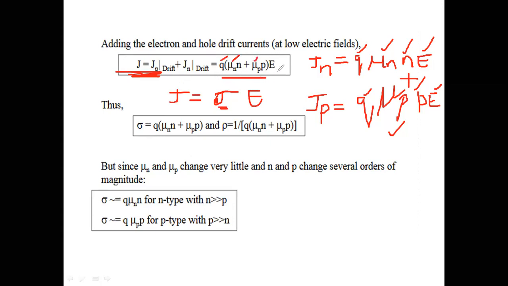So this is called sigma, the conductivity. The inverse of conductivity gives me the resistivity rho. Resistivity rho equals 1 by sigma. So this is about drift current density.